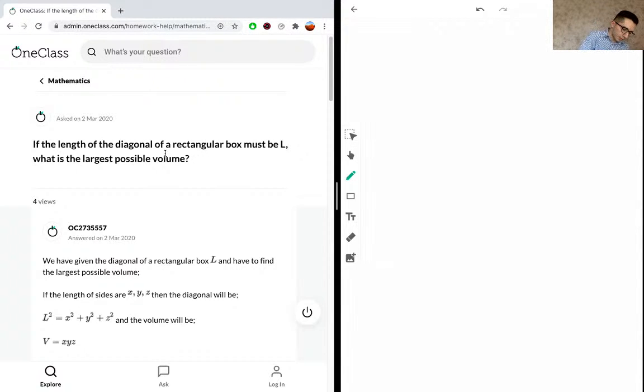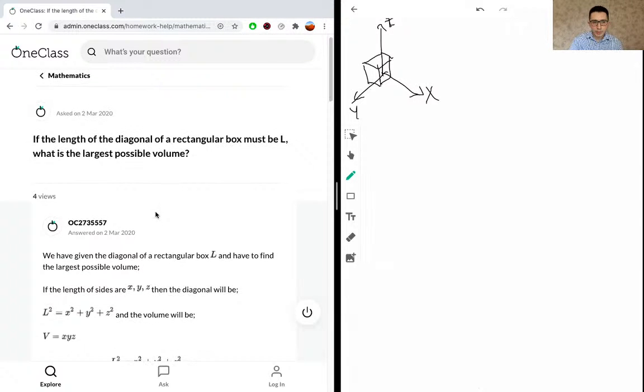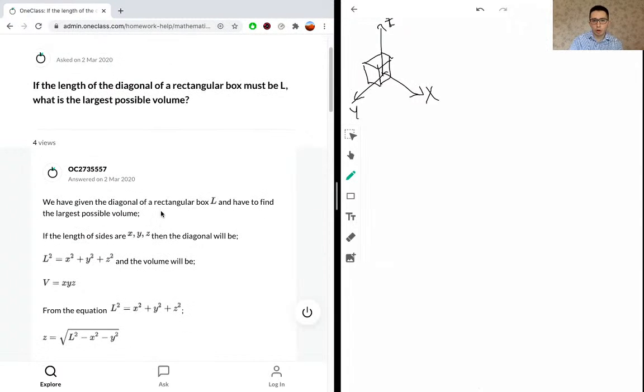So we can draw a simple coordinate system just to represent our box. It looks something like this. This is the coordinate system where we have Z, X, and Y. And we have to figure out how to find the largest possible volume for a given value of L. L would be the diagonal, so it would be from the origin to this point of the box.